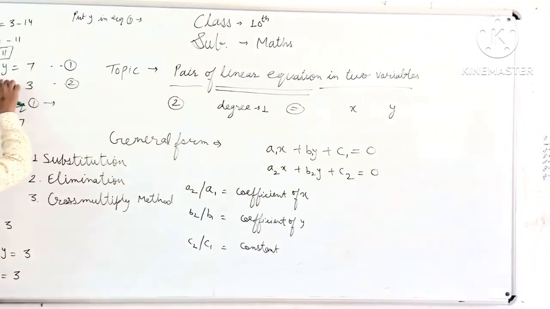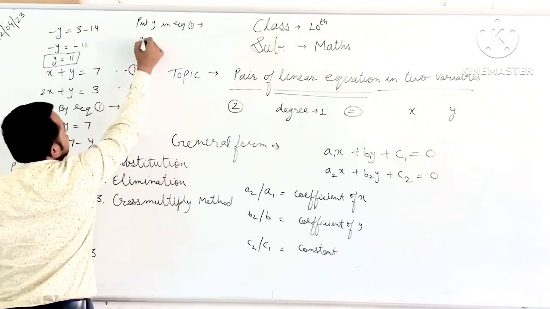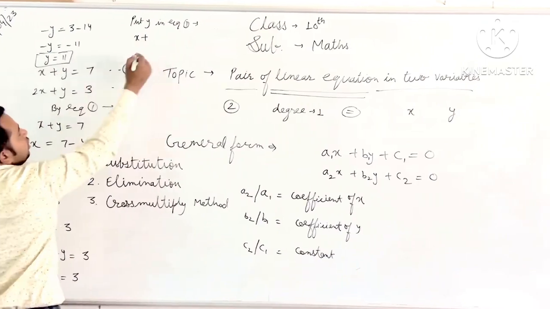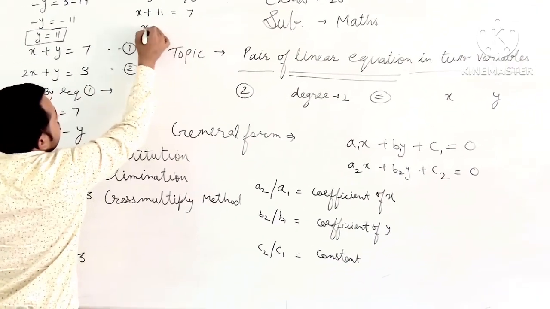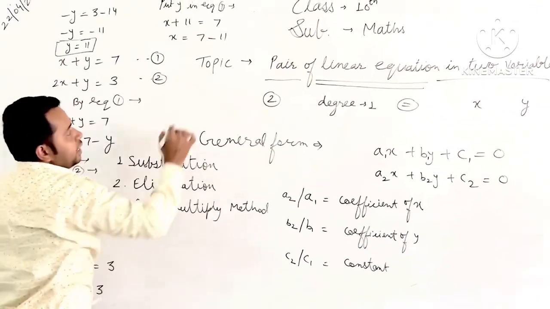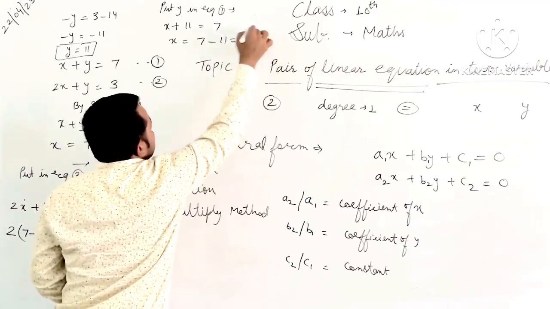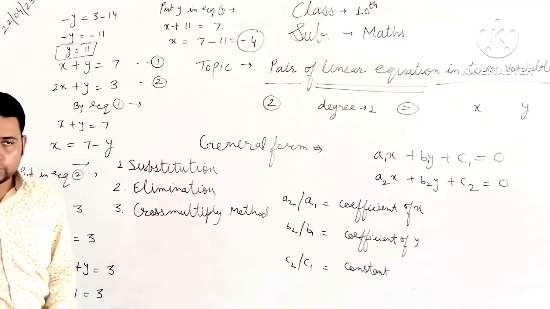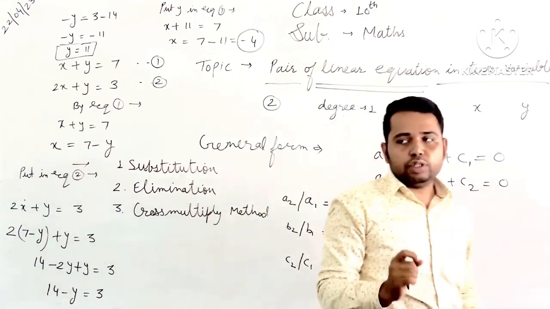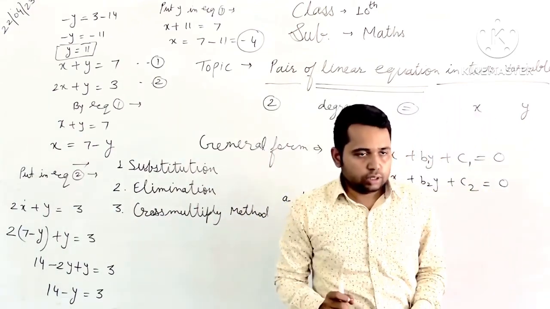Equation first is x plus y equal to 7. So x plus 11 equal to 7. So x equals 7 minus 11, which equals minus 4. So we got the value of x also. This is called substitution method. Are you understanding all? Okay. Thank you.